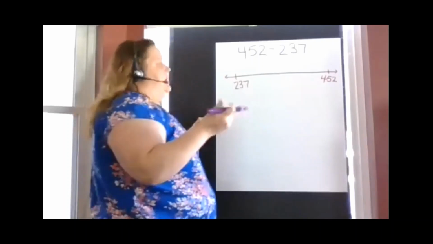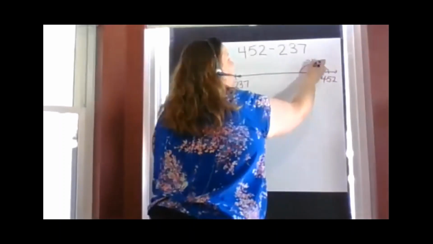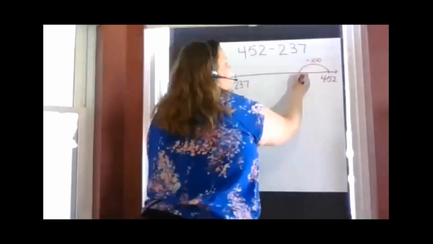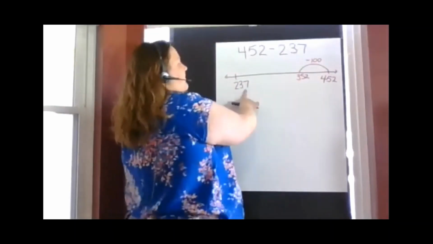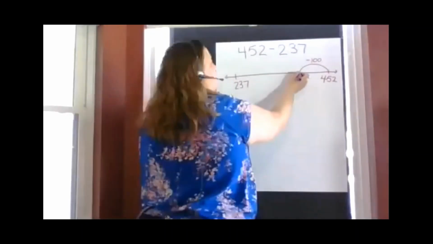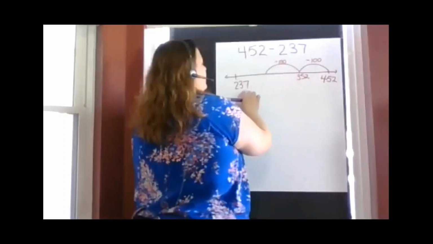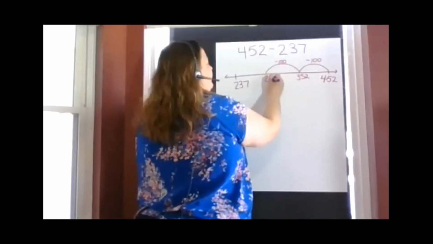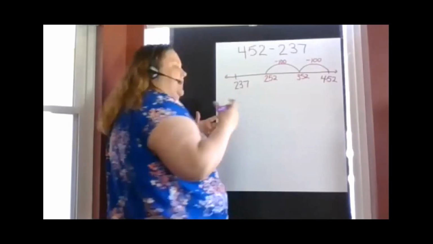So I'm going to jump in distances that I know. So I'm going to start at 452, and I'm going to take away 100. And that leaves me at 352. Well, I know if I take away another 100, that's going to get me to 252. Now I might, gee, I'm not so sure.